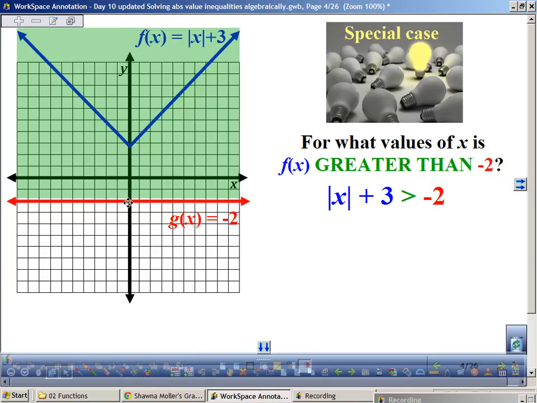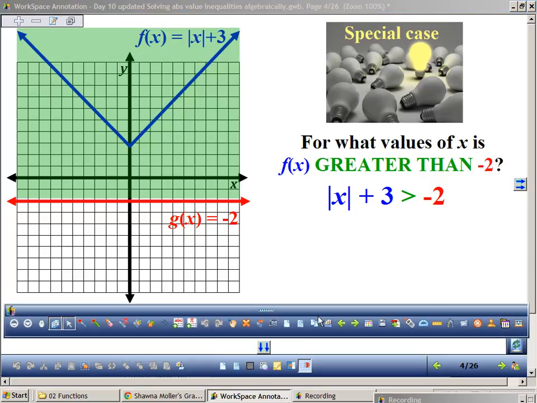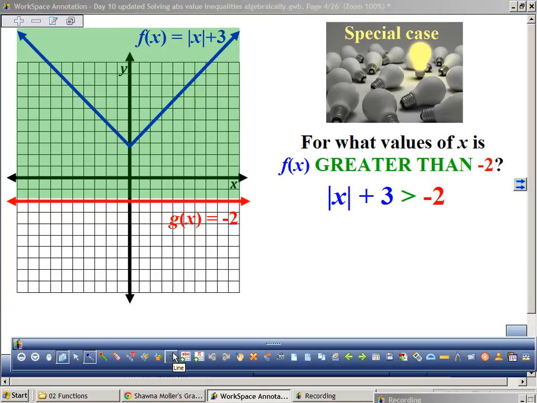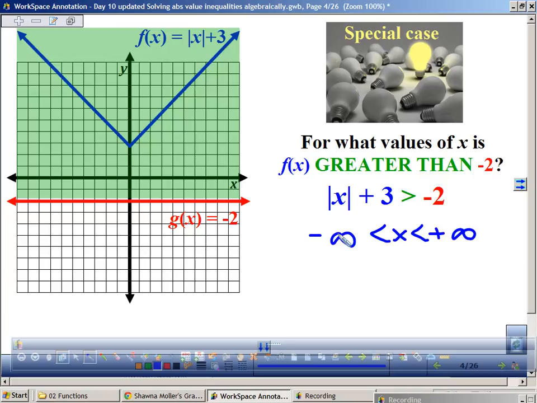Correct? If this is the blue part right here, and I'm talking about it being greater than negative 2, it's always going to be greater. So we would say that x is in between positive infinity and negative infinity. Or you could say x is an element of all real numbers.